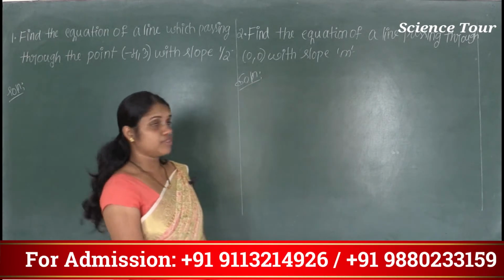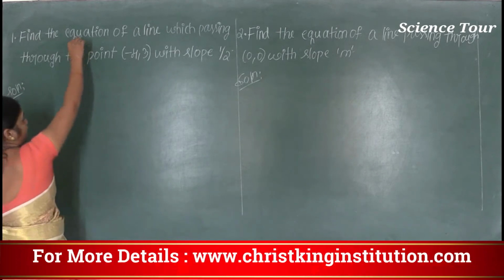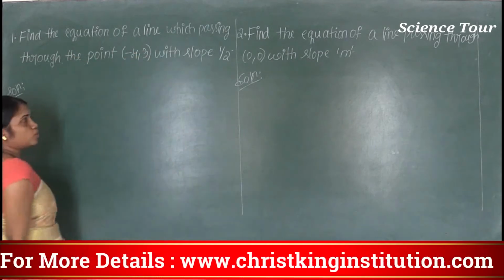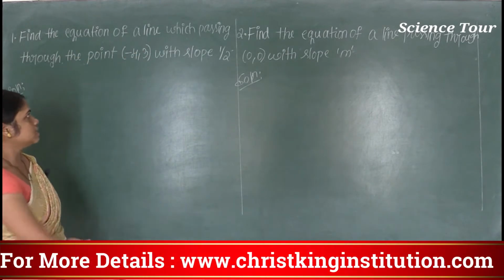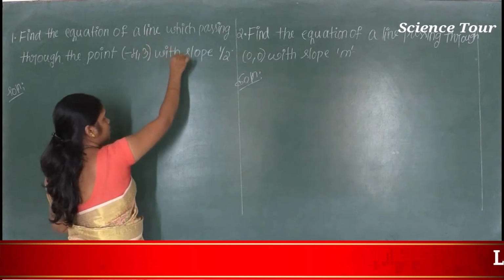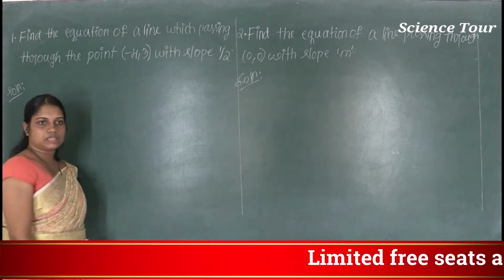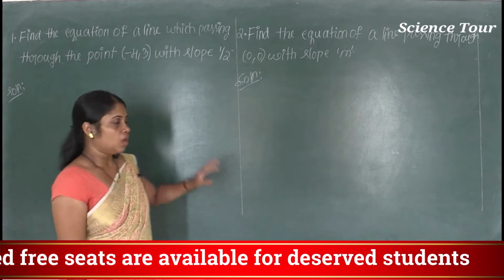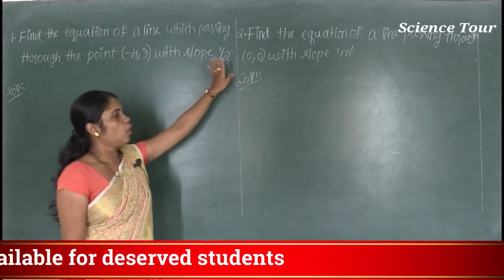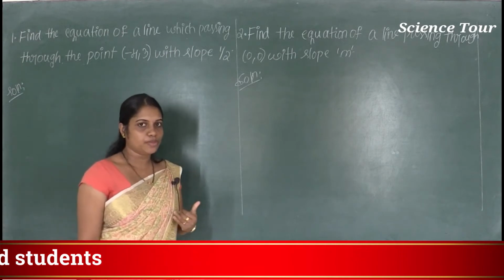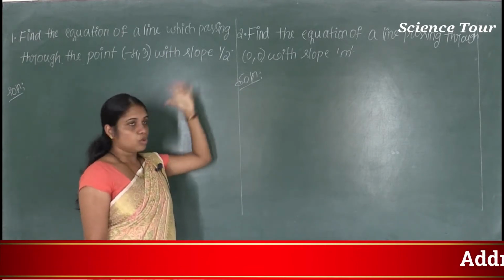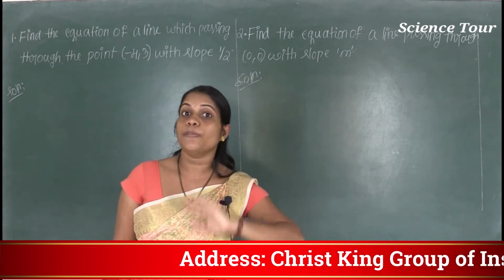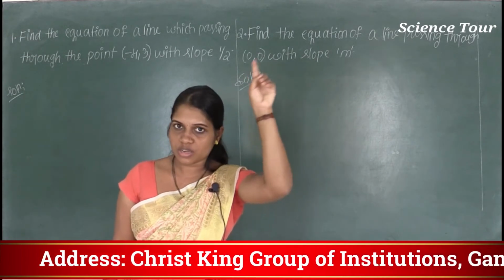The first problem is: you have to find the equation of a line passing through the point minus 4, 3, one point given, with the slope value also given, that is 1 by 2. See students, you can observe in your question, point given, slope given. So which form do you have to use? One point, one slope. You have to use the slope point form or point slope form.